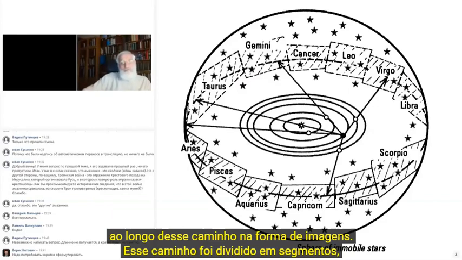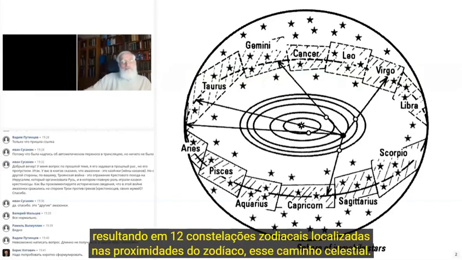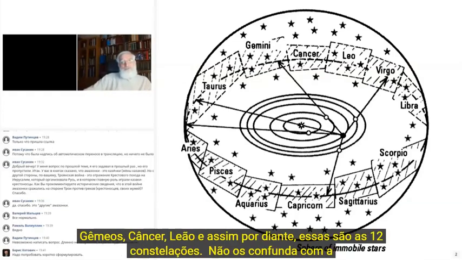This path was divided into segments, and they mentally arranged the fixed stars in these segments as images, resulting in 12 zodiacal constellations located in the vicinity of the zodiac, this celestial path. Gemini, Cancer, Leo, and so on. These are the 12 constellations.